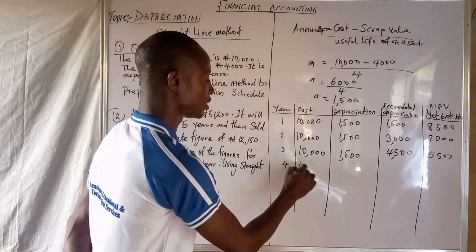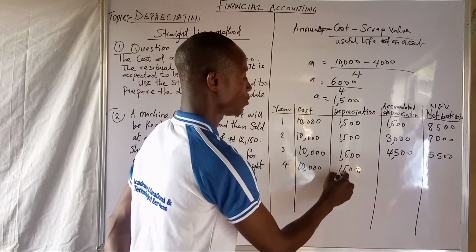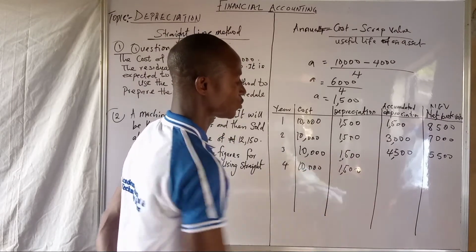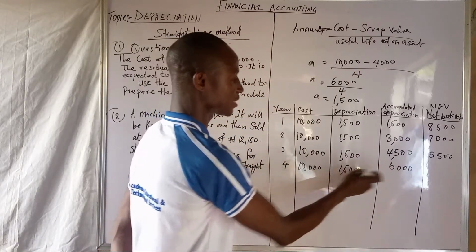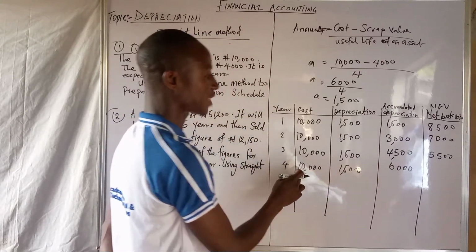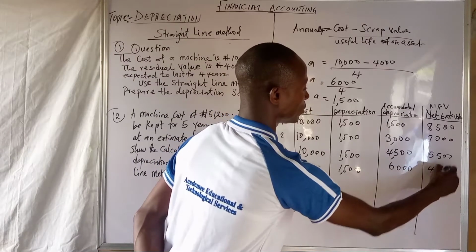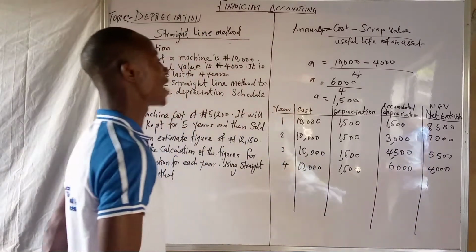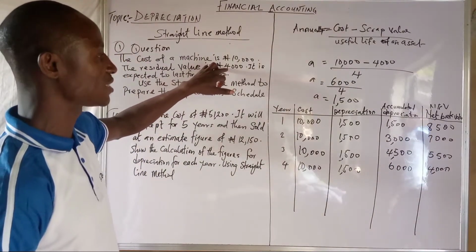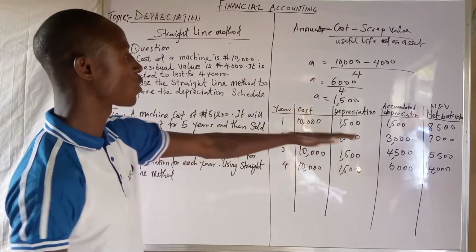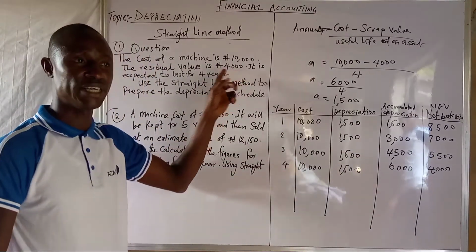In the last year, which is the fourth year, 1,500 plus 4,500 gives 6,000. When you take this 6,000 away from the 10,000, it gives us 4,000, and that 4,000 is what we call the residual value. If you calculate this in your table, which we call the schedule, and you don't realize this 4,000, it means there is an error somewhere.